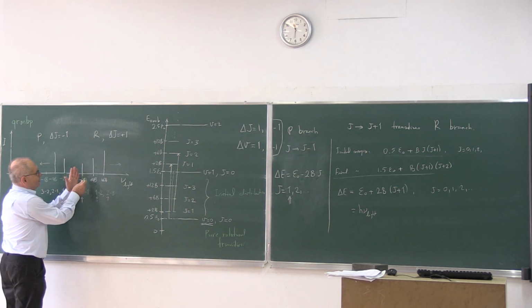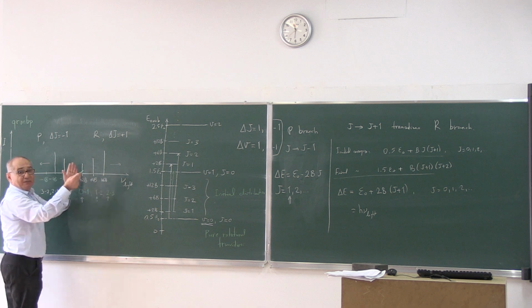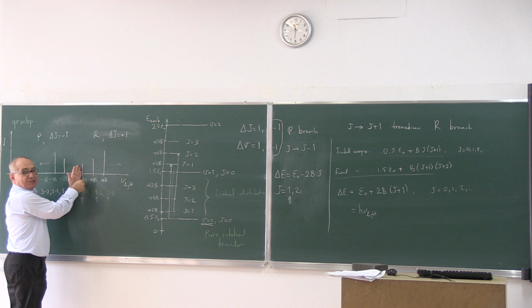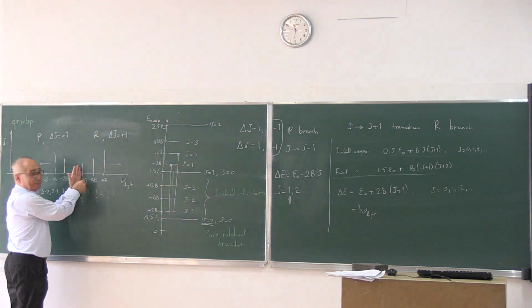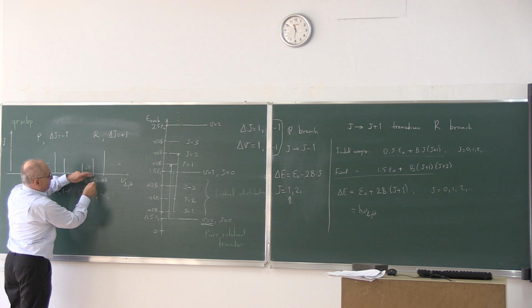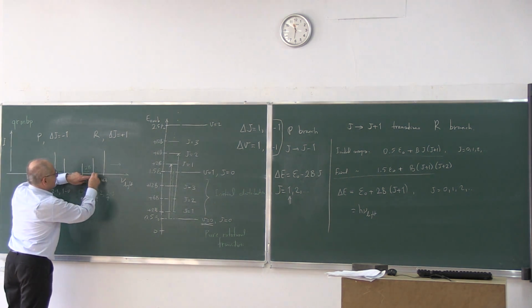Let us look at the energy difference or frequency difference between successive absorptions. 4B minus 2B is, what is it? 2B, isn't it? This is 2B. What about 6B minus 4B? It is also 2B.